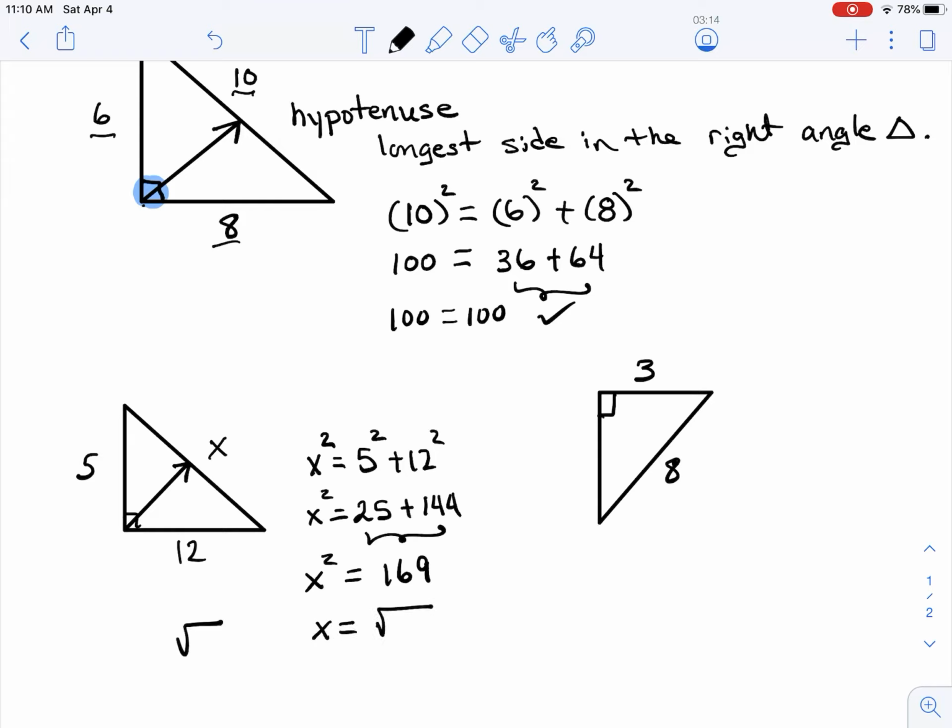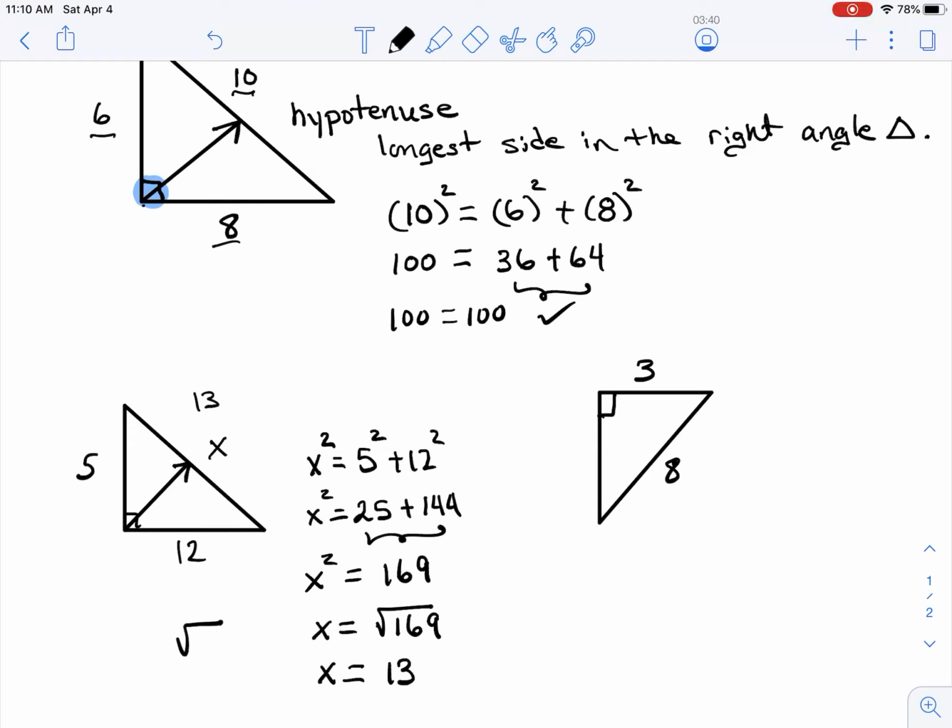And your value of x is going to end up being the square root of 169. So we're going to get 13 for that one. So I'm going to go back up here to my triangle, and I'm going to add in 13. And you can see that 13 is bigger than 5 and 12. So it looks like we did everything right because that hypotenuse has to be the longest side.